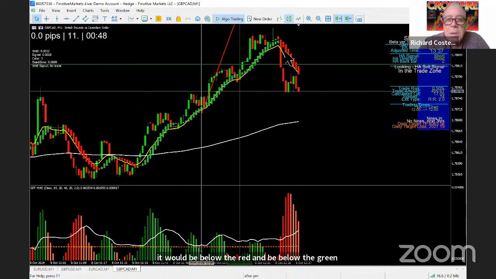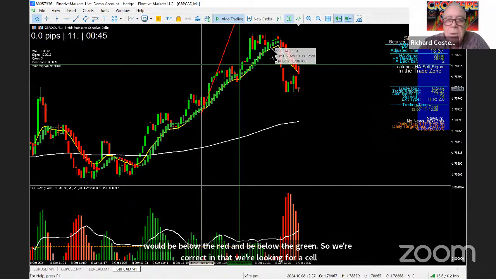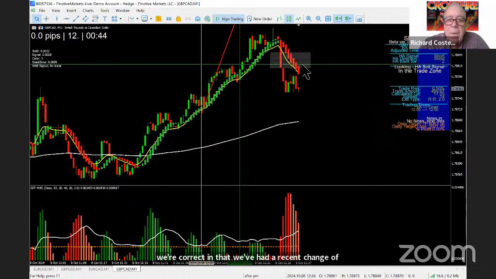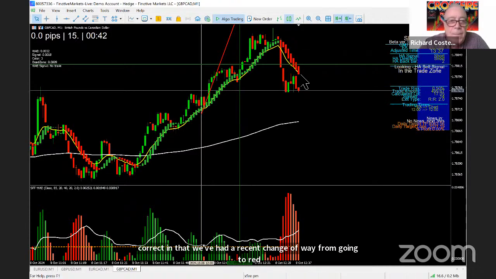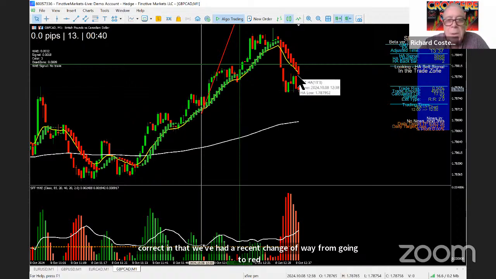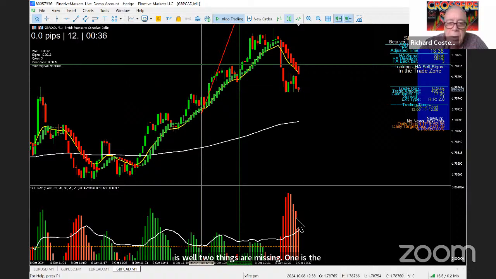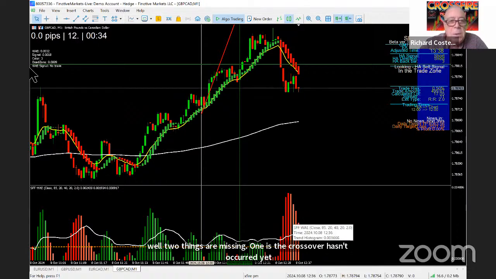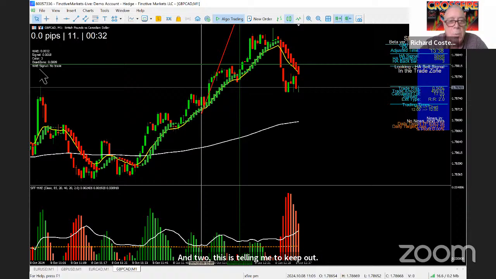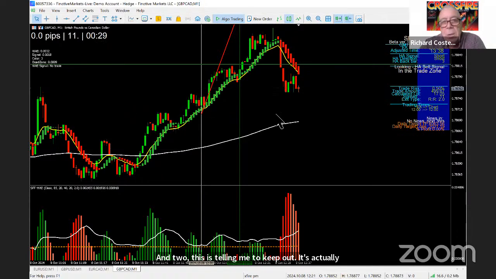We're correct in that we've had a recent change of wave from green to red. The thing that's missing is, well, two things are missing. One is the crossover hasn't occurred yet. And two, this is telling me to keep out. It's actually saying no trade on the WAE. So basically, we need the crossover to occur.